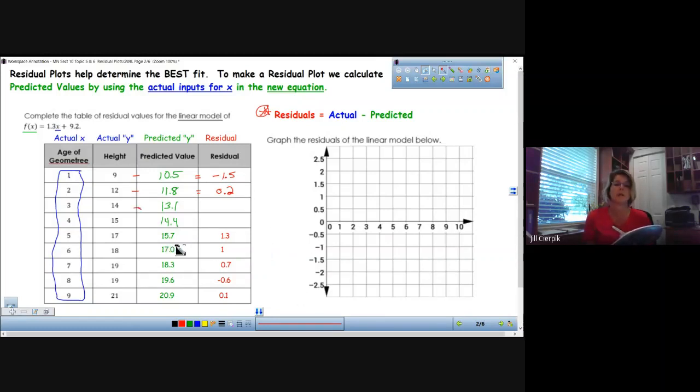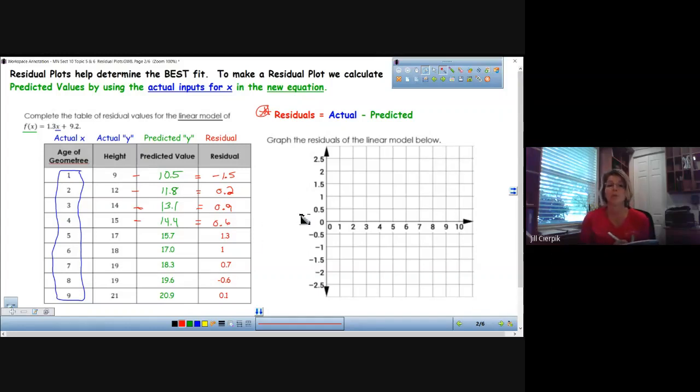14 minus 13.1 equals 0.9. And 15 minus 14.4 equals 0.6. And that's the exact same thing I did down here, 17 minus 15.7, and so on and so on and so on. So this is a table that I'm using to calculate residual values, actual minus predicted.